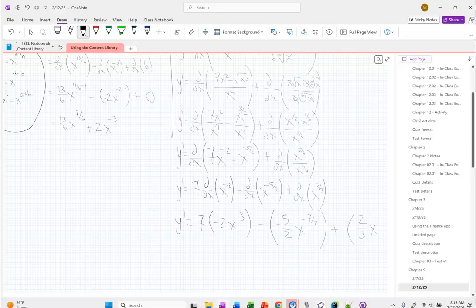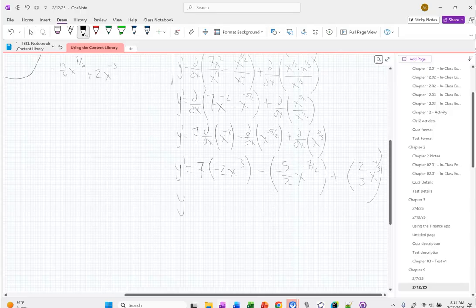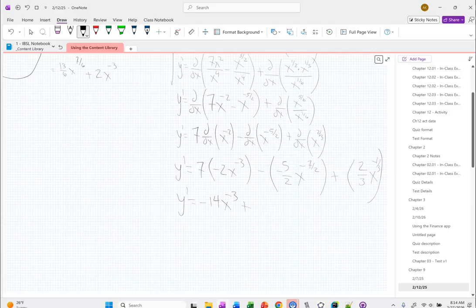Yeah. And then my last step will be just cleaning up a little arithmetic here. So -14, and then plus, and that's a good final answer.